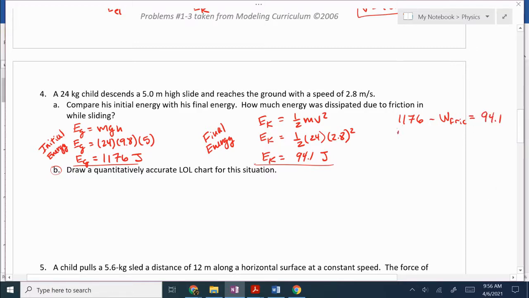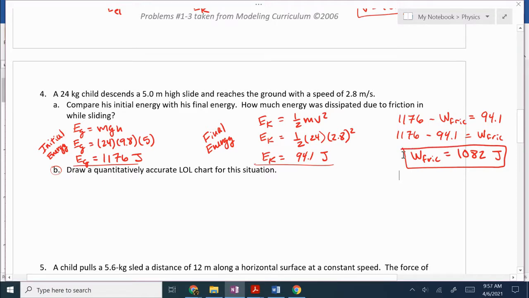Doing a little rearranging, add the work from friction to the right side of the equation and subtract the 94 over there. We lost 1,176 minus 94.1. The work due to friction is, with some rounding, 1,082 joules worth of energy. So that was how much we lost.